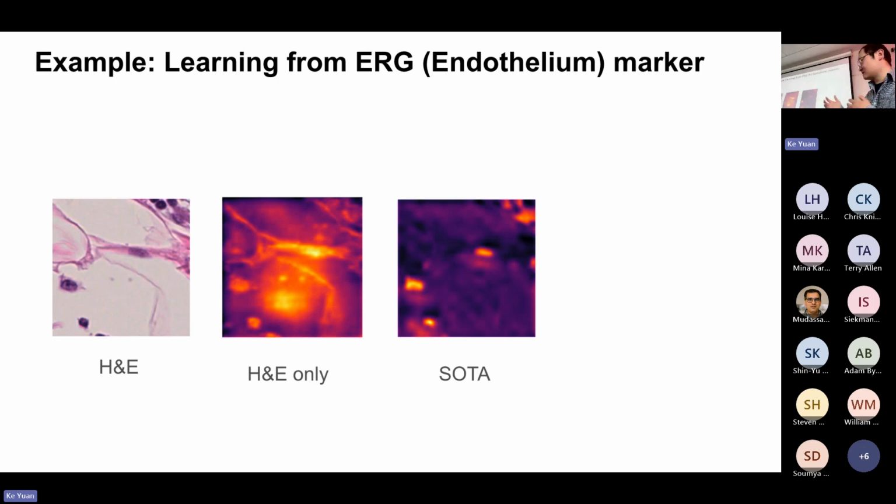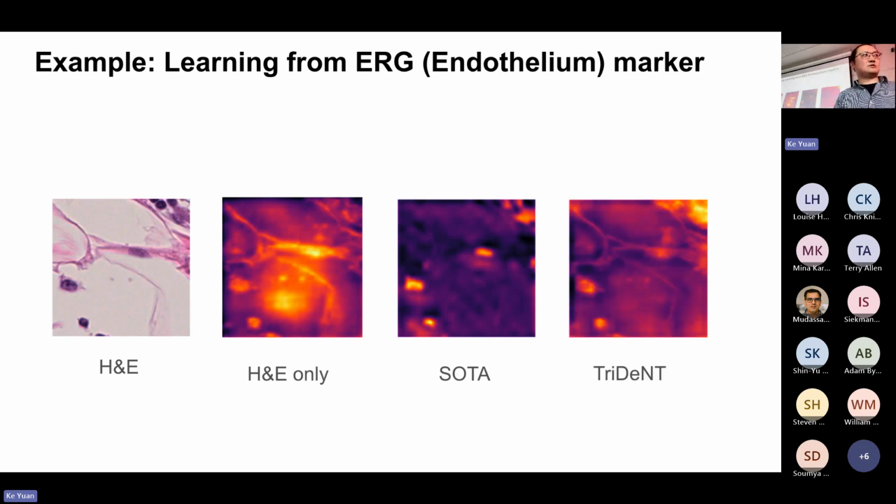Then we trained with contrastive learning. When we interpret the trained model, the model is able to move the attention away from the middle of the image and rightly focus on the three endothelial cells. The main reason for that is that in the training set we have IF images basically marking where those cells are, so it knows those are the things it should pay attention to.